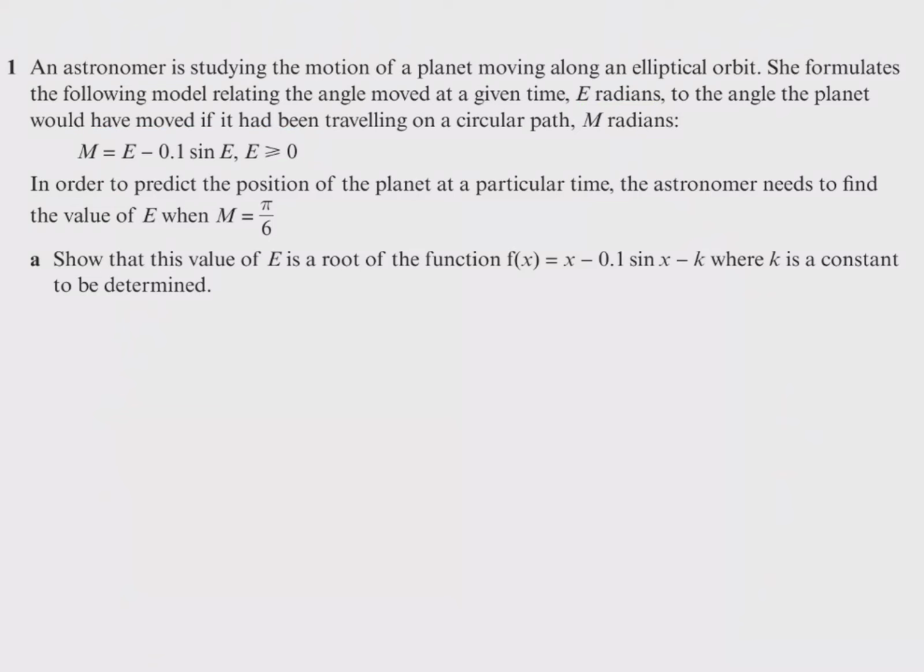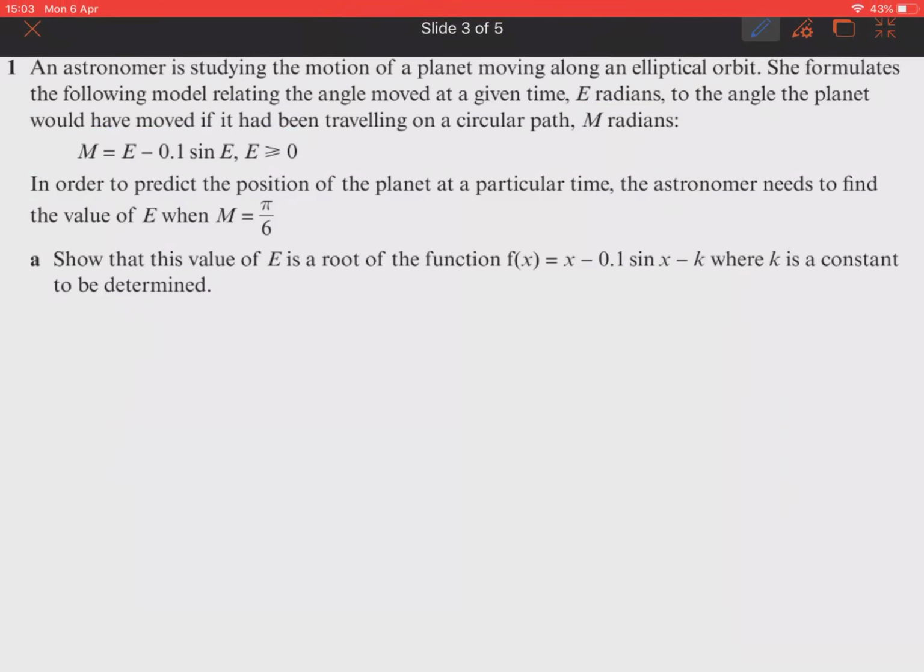Okay, so in order to predict the position of the planet at a particular time, the astronomer needs to find the value of E when M is pi by 6. And we're going to then show that this value of E is a root of this function, where k is a constant that we've got to determine. So if M is pi by 6, we could simply substitute that into the equation.